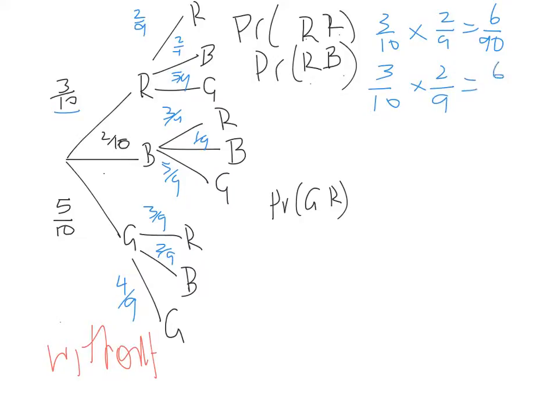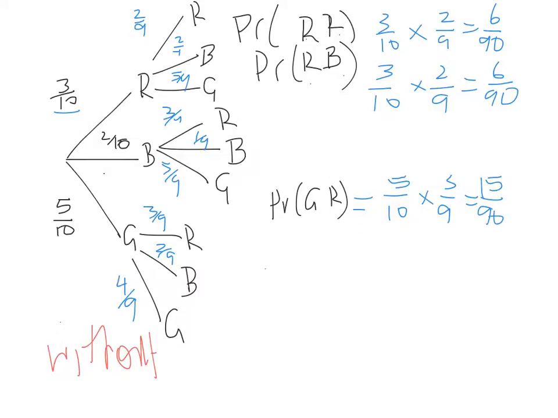So we'll have the same thing, 6 out of 90. Now for green and red rather. So green is 5 out of 10, and the red is 3 out of 9. So we end up with 15 out of 90.